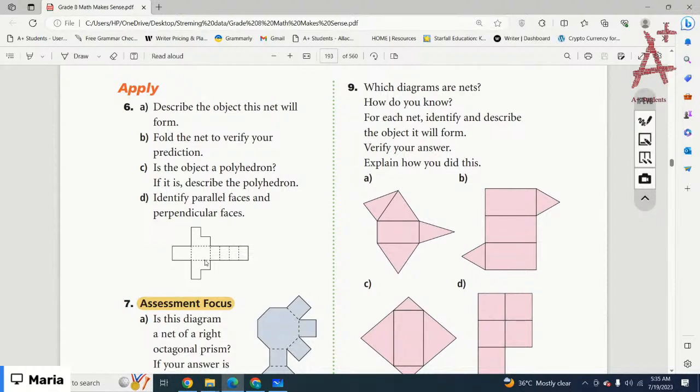Which diagrams are nets? How do you know? For each net, identify and describe the object it will form. Explain how you did this.